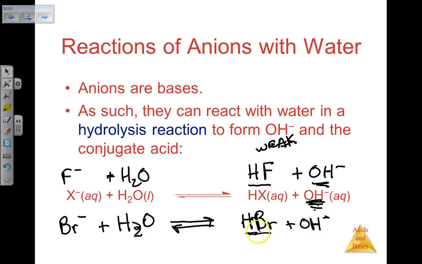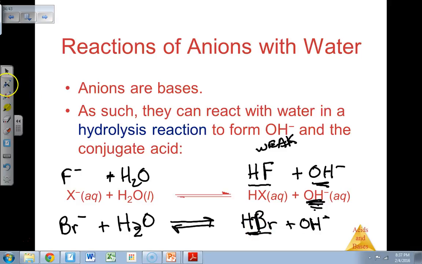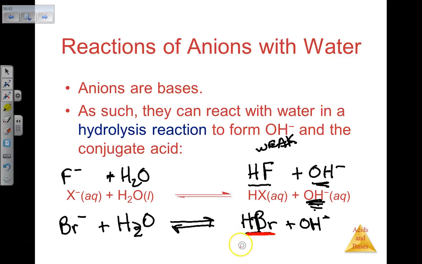This guy, as we're looking at it, is strong. And what do we know about strong acids? They completely ionize, they completely dissociate. So the chemistry behind this is, since this completely dissociates, there's no HBr around. So it's H plus and Br minus.